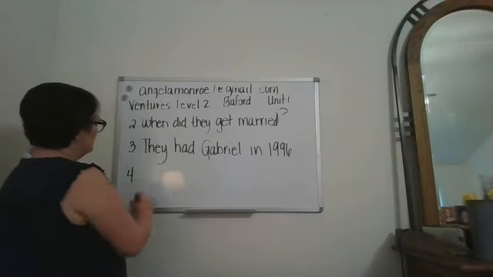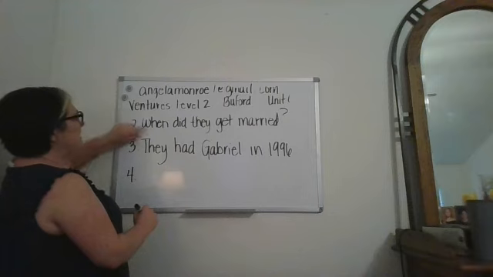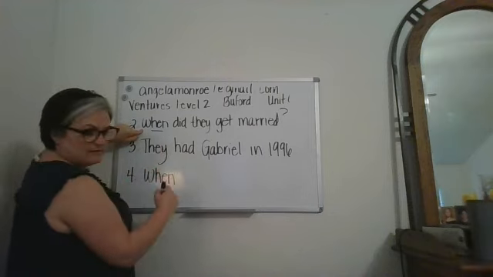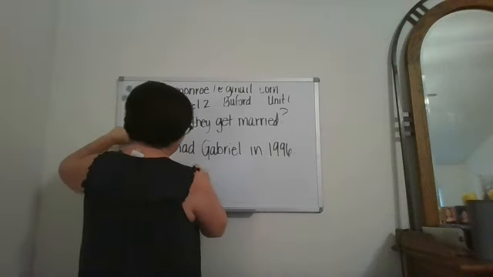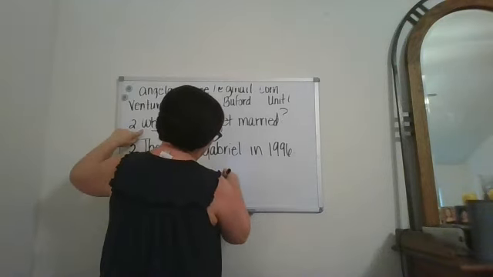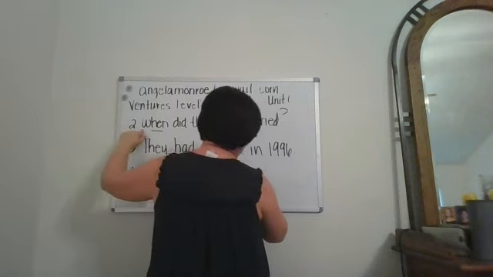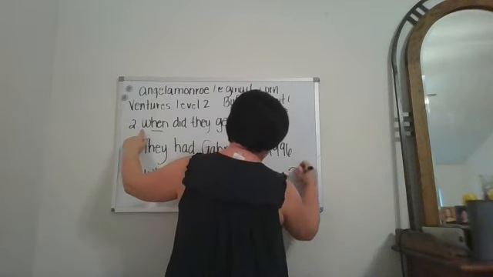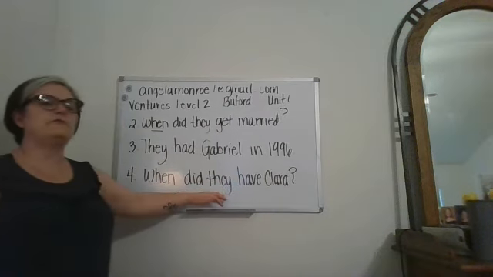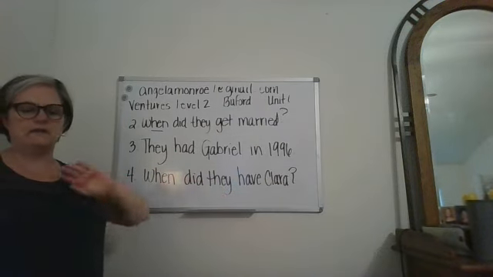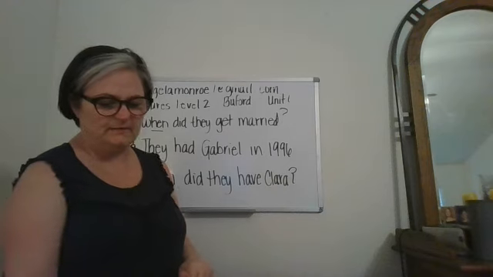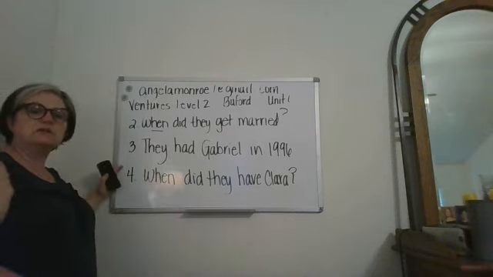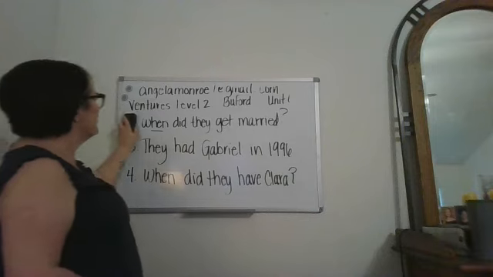So what would be the question? We're talking about time, so we're going to ask when. When did they have Clara? Right? And like before, if you put Elsa and Pablo for they, that is completely fine. So they had her in 1999. Okay, so if you need to, go ahead and stop the video. Otherwise, I'm going to erase and keep going.